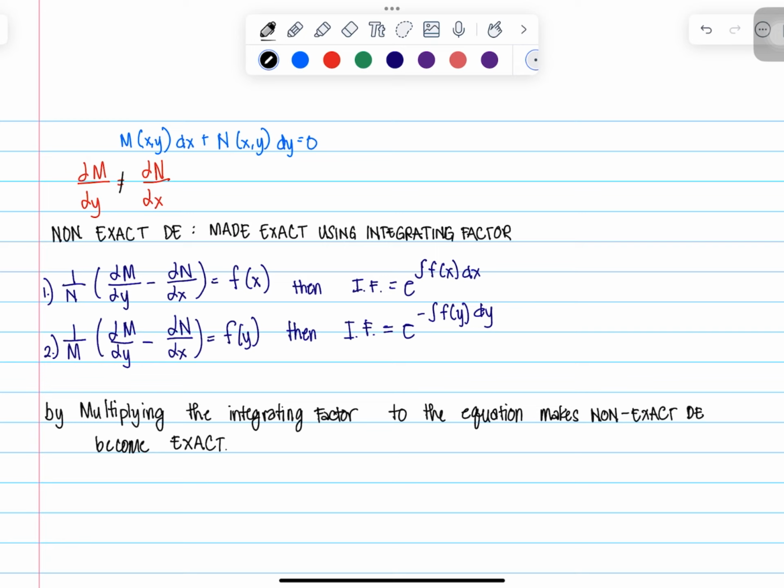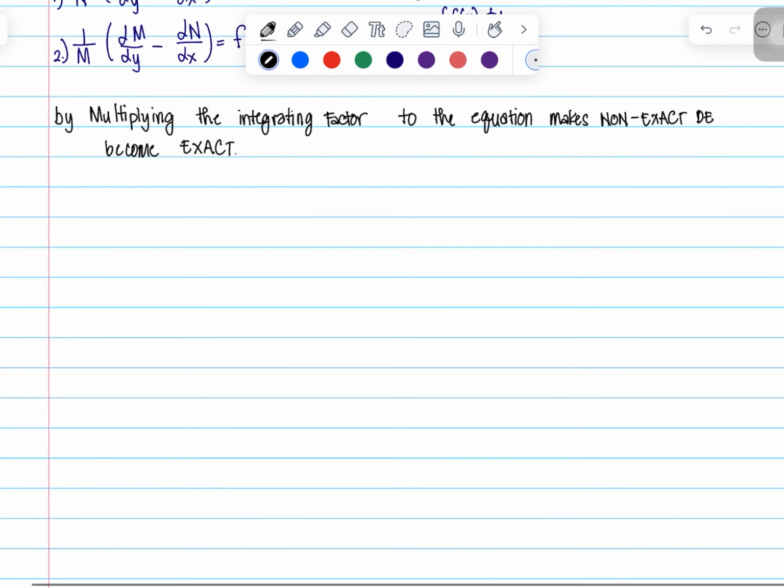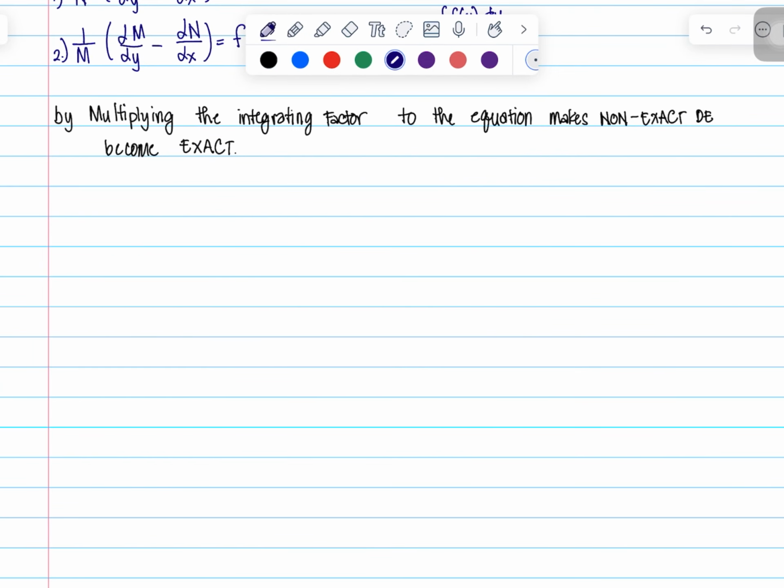And then by having an exact DE, we can now solve for its solution. All right, so let's have an example.